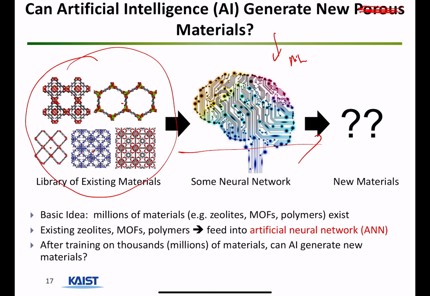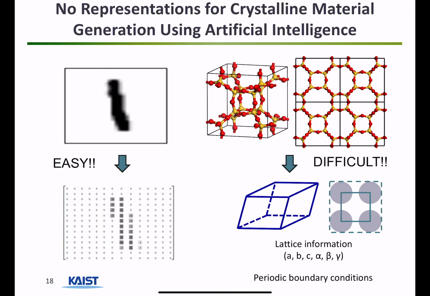This type of approach is very powerful, and it is pretty well suited for materials development in a certain sense because we have a lot of data to begin with. We have millions of materials that have been both experimentally synthesized and also designed using computers. So we have a lot of big data available for us. That's not a problem. We just need to develop an intelligent scheme for generating new materials.